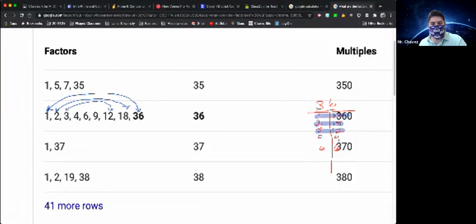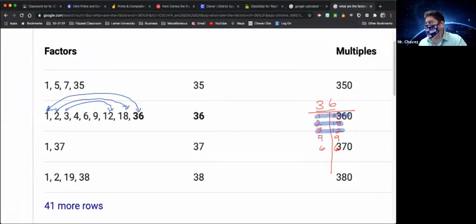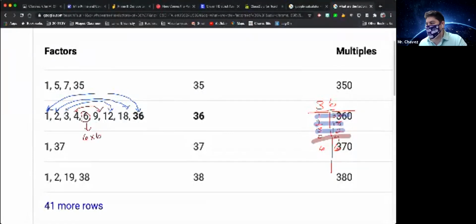You see how it works, those two factors, making like a little rainbow. 4 times 9. And the reason why you just have 6 by itself is because this is showing you 6 times 6. So here are all the factors for 36. That's pretty cool, huh?